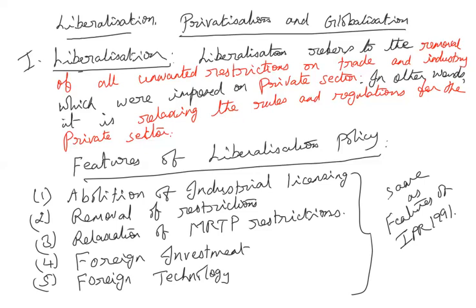So whatever the monopoly of the government, monopoly of the public sector, they have to be handed over to the private sector, so that the government can do only by relaxing all the rules and regulations on the private sector. So the first step is the liberalization. First, relax all the rules and regulations. Then allow the private sector to take over the companies which were exclusively reserved for the public sector. And that is what is known as privatization. Okay. So first liberalization. The second reform, the second step, is the privatization.